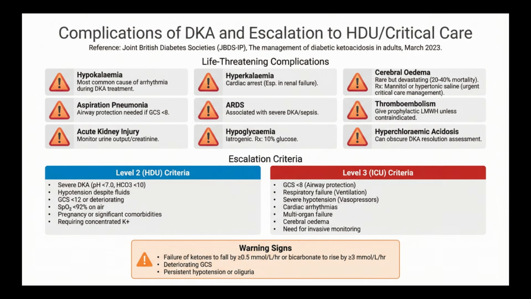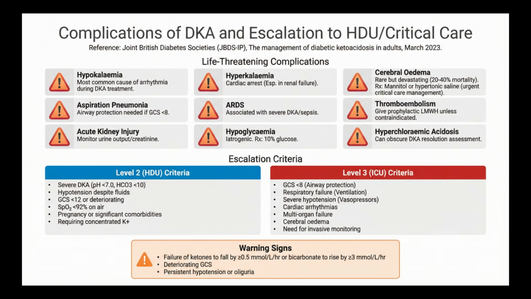Level 3 care, ICU. Immediate ICU involvement is required for GCS below 8, respiratory failure needing ventilation, vasopressor-dependent shock, cardiac arrhythmias, multi-organ failure, cerebral edema, or the need for invasive monitoring.